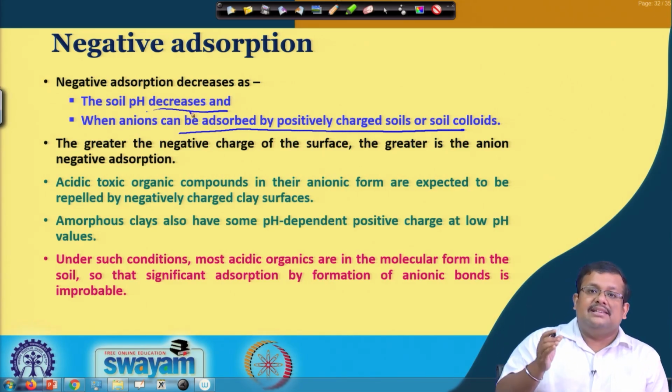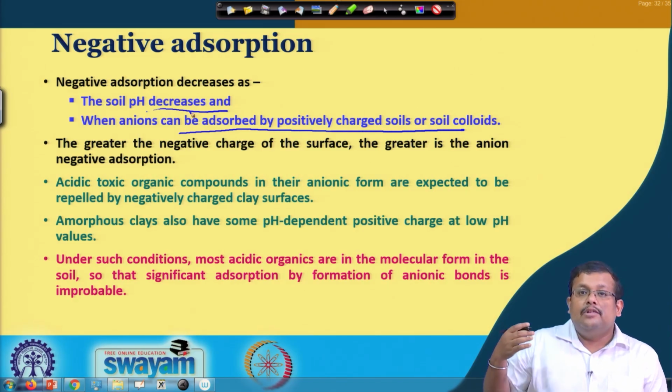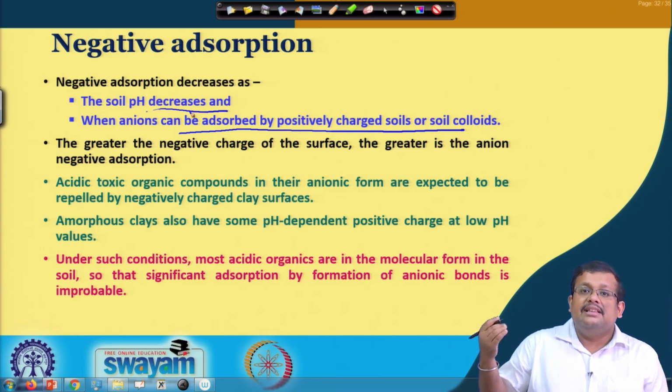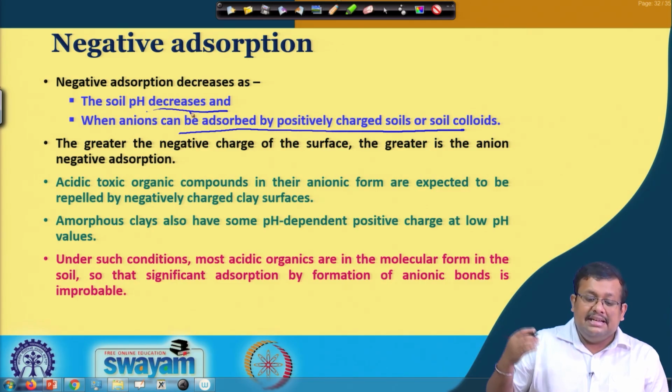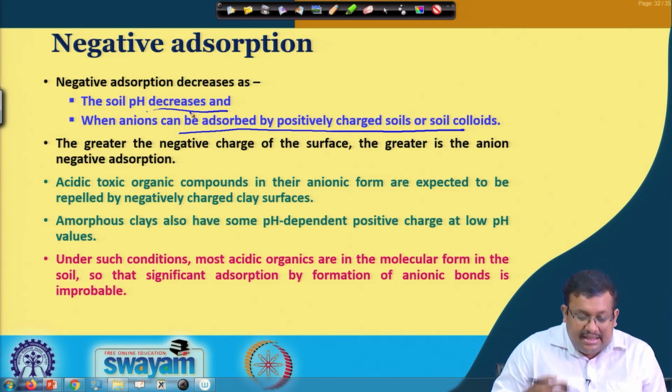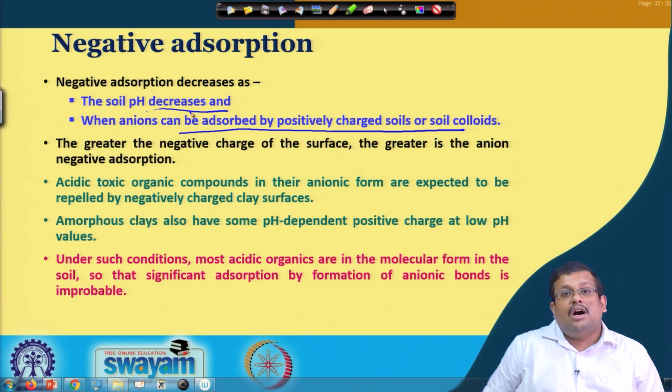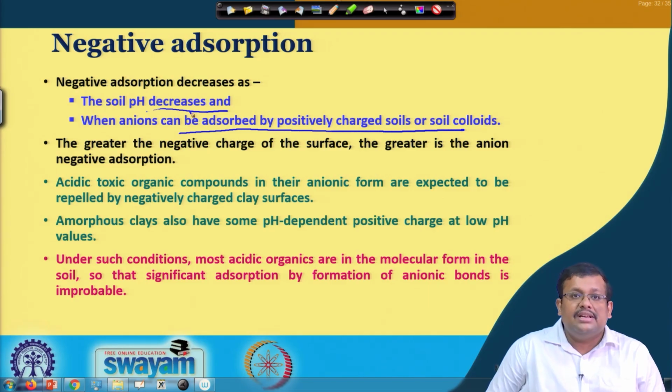Because when the pH decreases, there will be formation of positively charged, pH dependent charge. As a result, there will be attraction between the anions and the positively charged surface, reducing the negative adsorption. Similarly, anions can be adsorbed by positively charged soils or soil colloids. So, these are two conditions in which we can see reduction of negative adsorption.